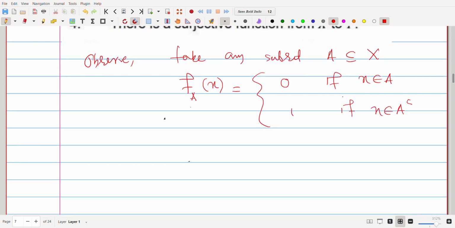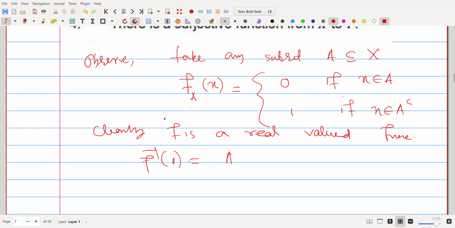Now clearly f is a real valued function because it takes real numbers as its value. So f is a real valued function and f inverse 0 is precisely A. And that means you can take any subset of X and do the same process, and proceeding the same way, you will get a real valued function such that f inverse 0 is that subset.